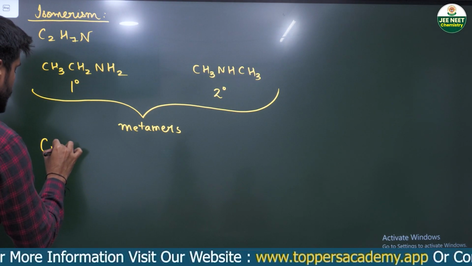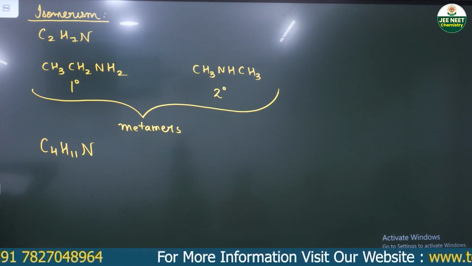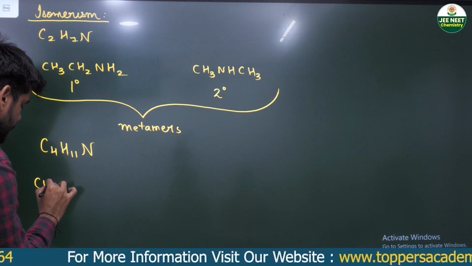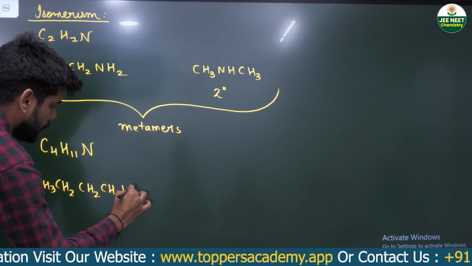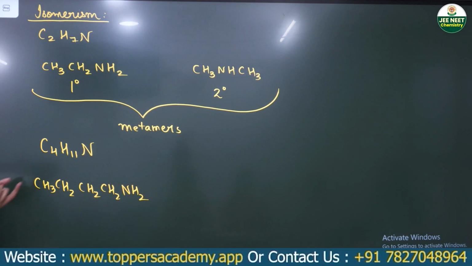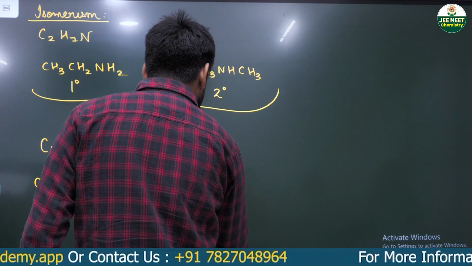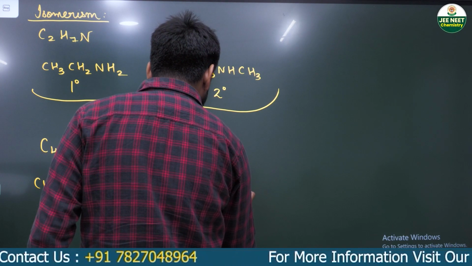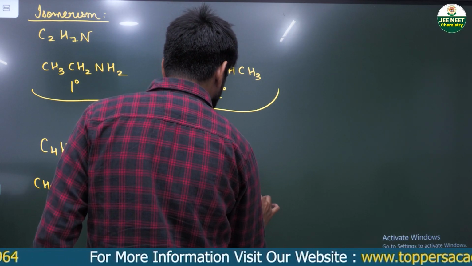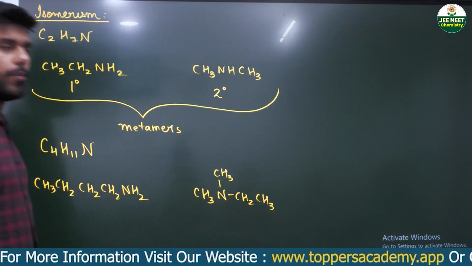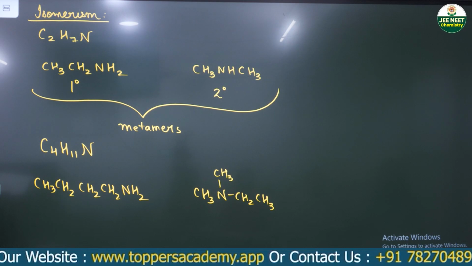Now suppose if I have C4H11N, first butanamine, CH3CH2CH2CH2NH2. Yes or no? Another structure can be CH3, CH3 and CH2CH3. Is it possible? 1, 2, 3, 4, 5, 6, 7, 8, 9, 10, 11 hydrogens.